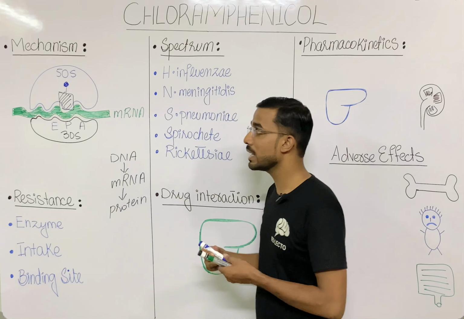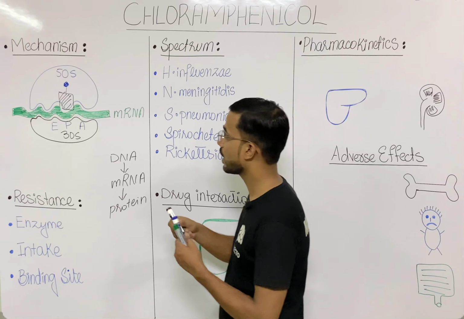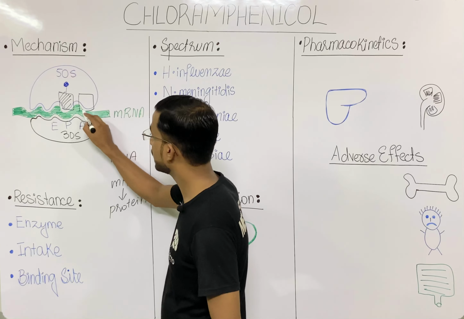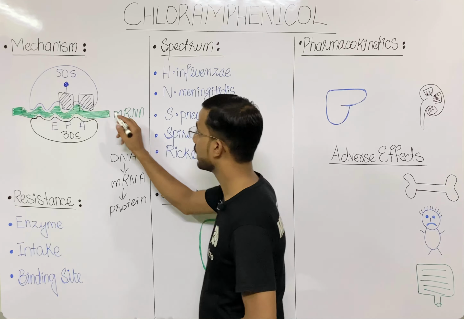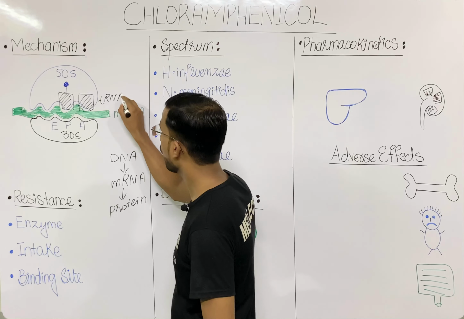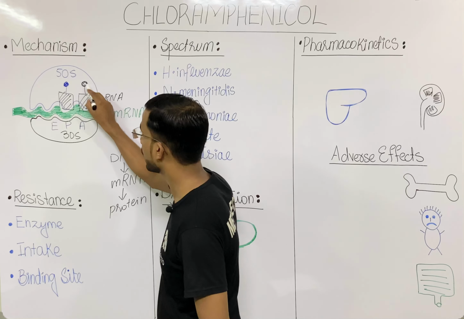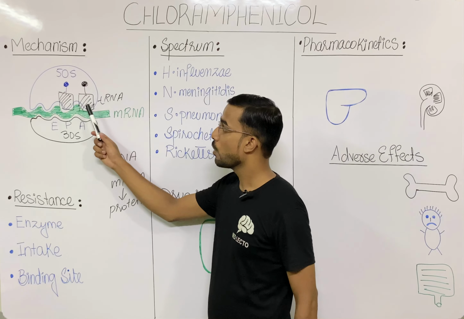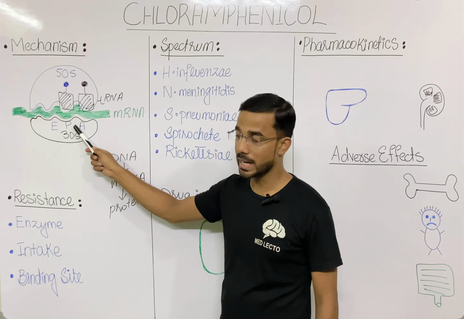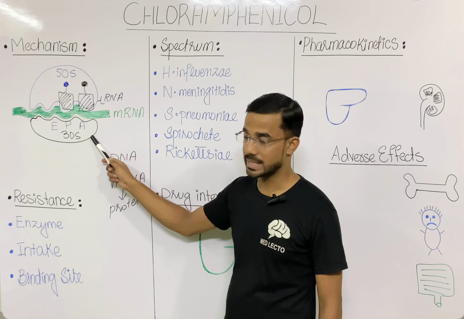Similarly, the second transfer RNA will attach at the A site, and that tRNA also contains a different amino acid. Now you will see the first tRNA bound at the P site and the second bound at the A site.